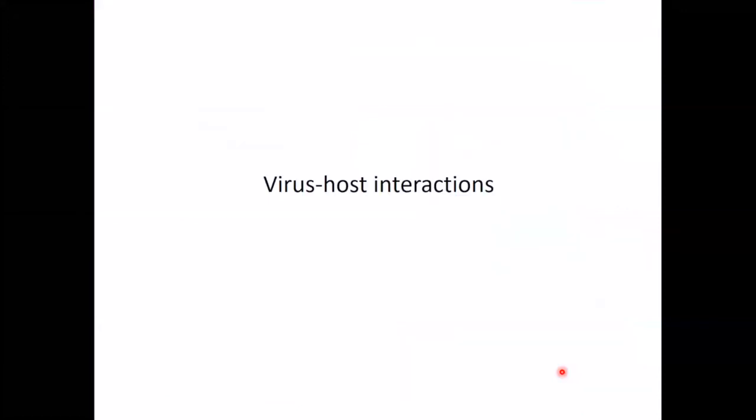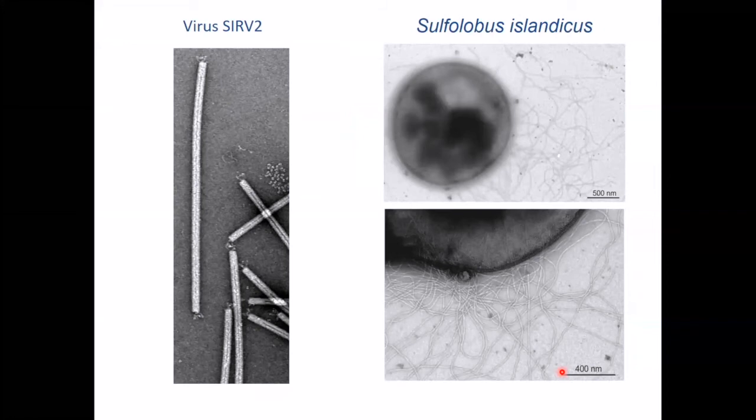Okay, so another thing we are interested in, as I mentioned, is how these viruses interact with the host. Again, the same virus recognizes the host cell, Sulfolobus islandicus, by binding to the type 4 pili, which are abundantly present on the host cell surface.